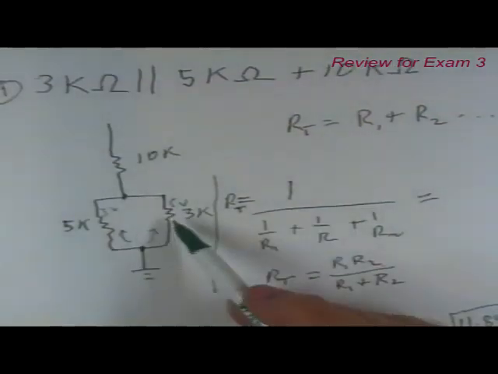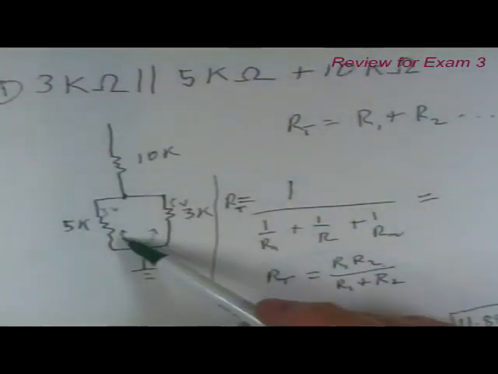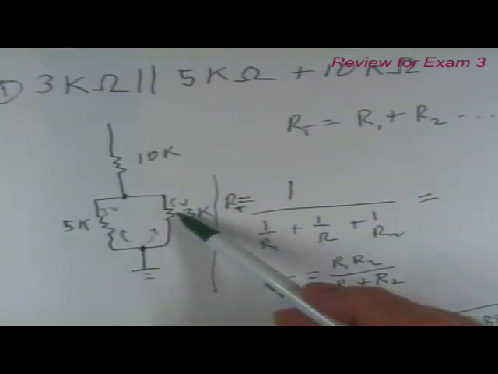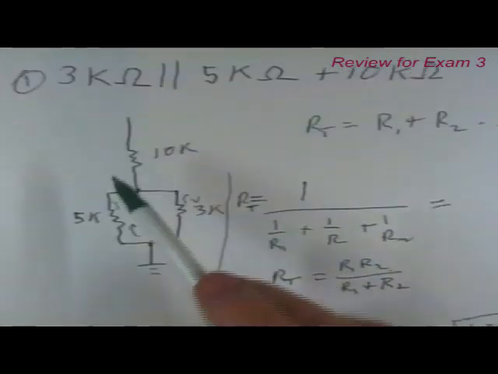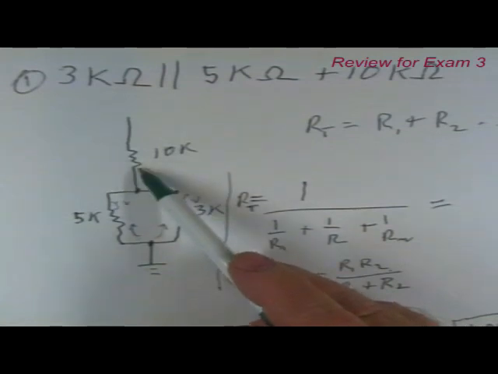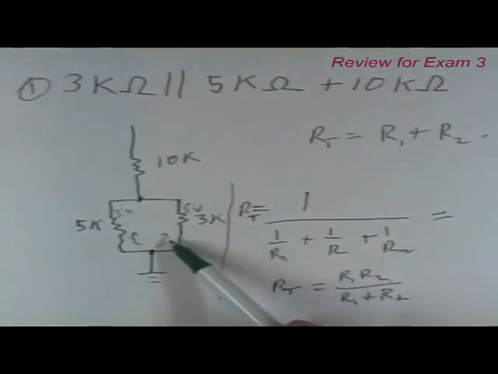That's what we're talking about when we're talking about a series parallel circuit. These two resistors here are in parallel, and they're in series with this 10K ohm resistor. So a series parallel circuit is going to consist of resistors in both series and parallel. Now, let's take a negative approach to this.